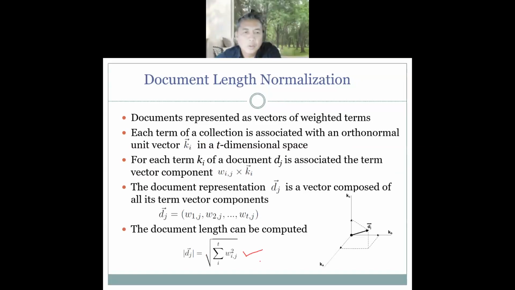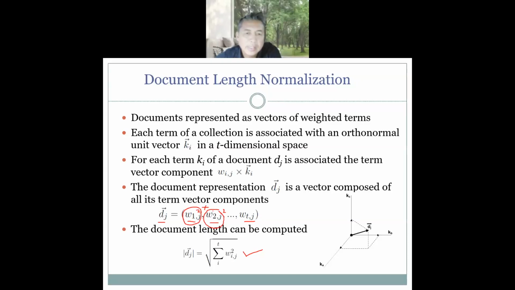Using the vector norms, we are looking at this. So this is the document length. Basically, each document here can be represented as the weightage for each individual keyword that we have. In order to get the length of the document, we just square this value plus square this value.